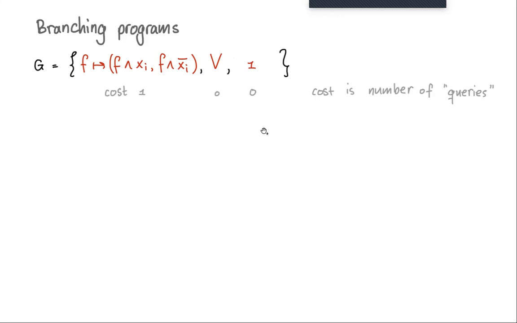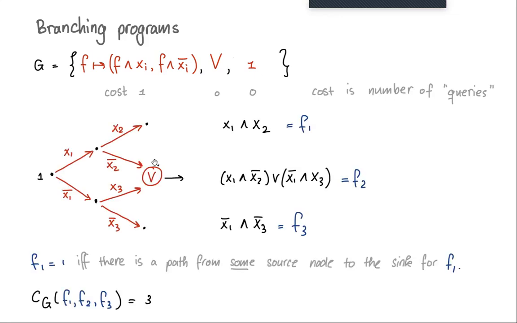And here the cost will be the number of queries that we need to make to variables to compute f. And we can draw this as follows. So we start on the left with a constant 1, and then we apply a single query gate over here. Here's another query gate. Here's another query gate. And here you see that we have an OR gate.